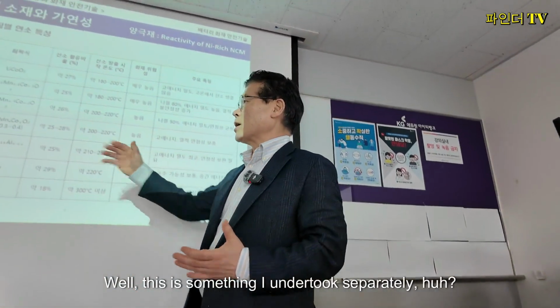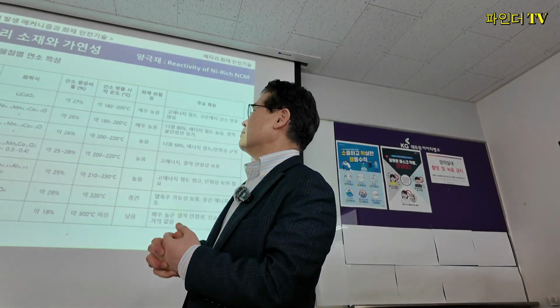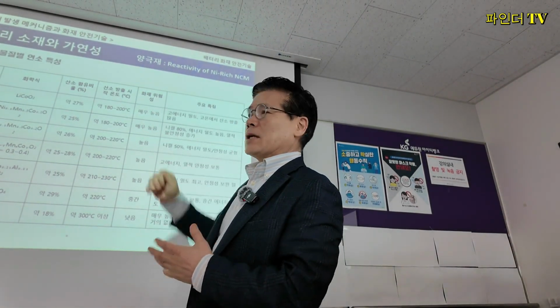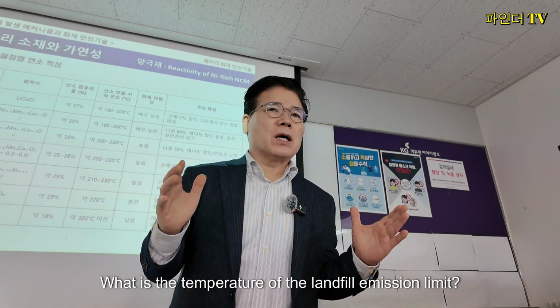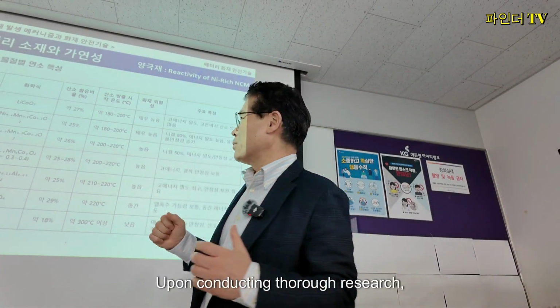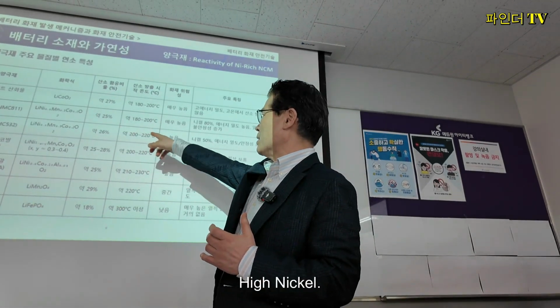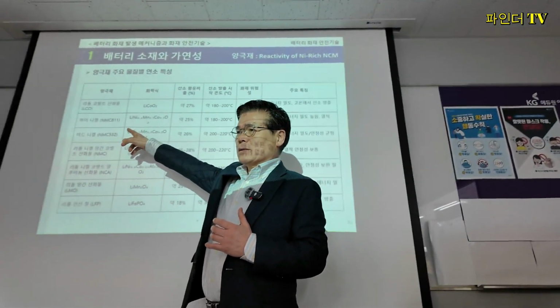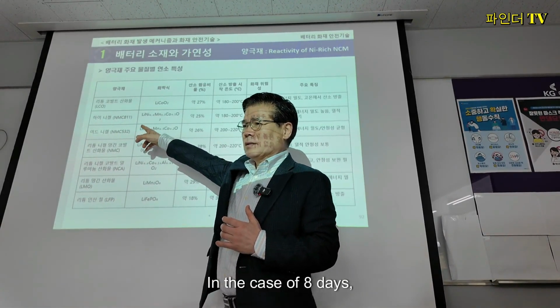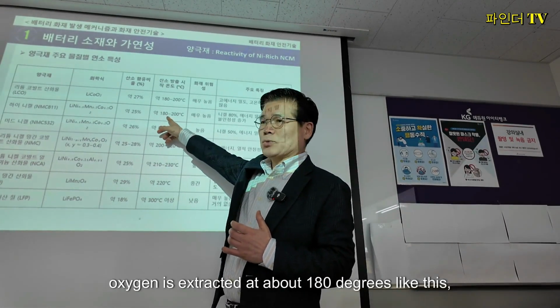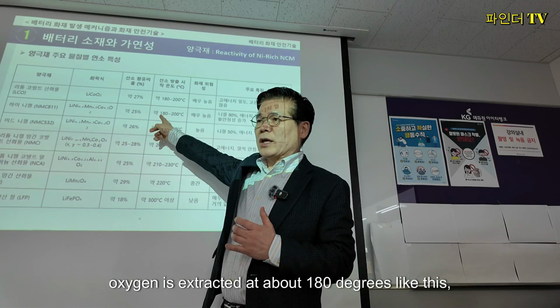This is something I looked into separately. What is the temperature of the oxygen emission limit? Upon conducting thorough research, this is what I discovered. In the case of high nickel, oxygen is extracted at about 180 degrees.